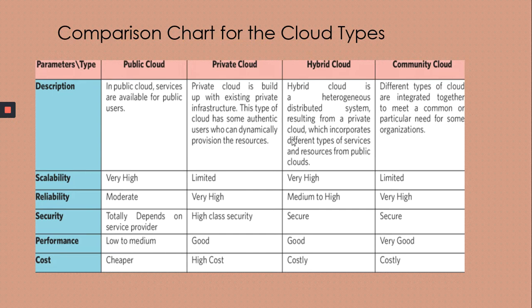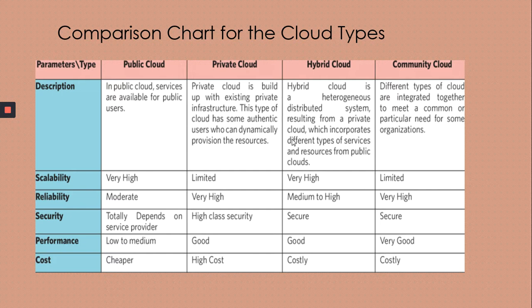As per AWS, it will be like 99.9959% security, as per the standards they are following. Hybrid cloud and community cloud are also secure. Comparatively, private is the highest class of security.